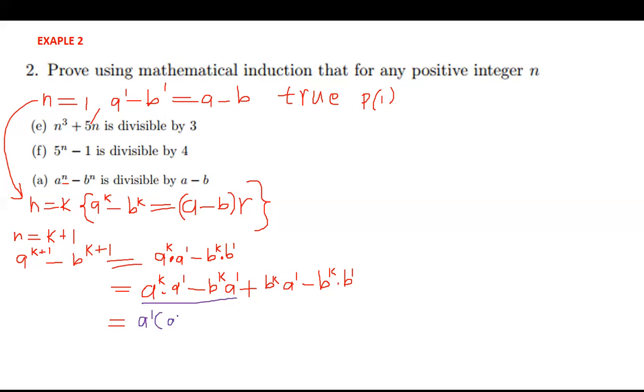I'm going to have a raised to power k, and then minus b raised to power k, and then close brackets. And then I'm going to have plus what is common there. I have b to the power k as the common factor, and then open brackets, I'm going to have a minus b in that expression.